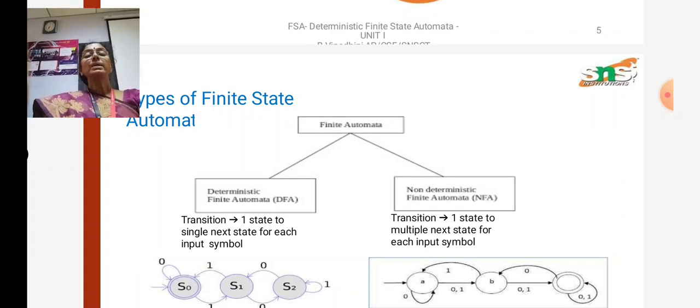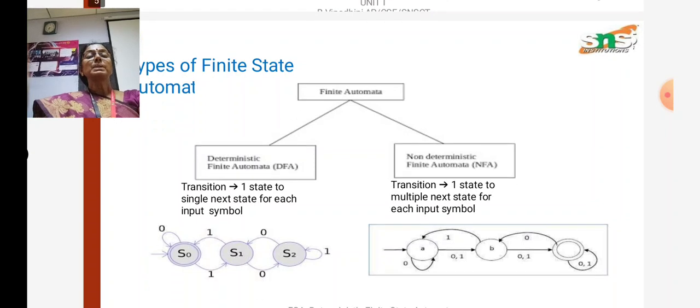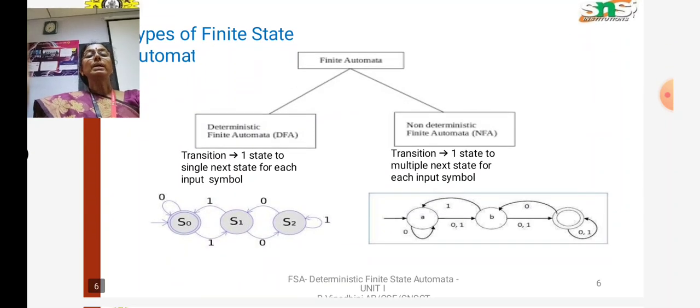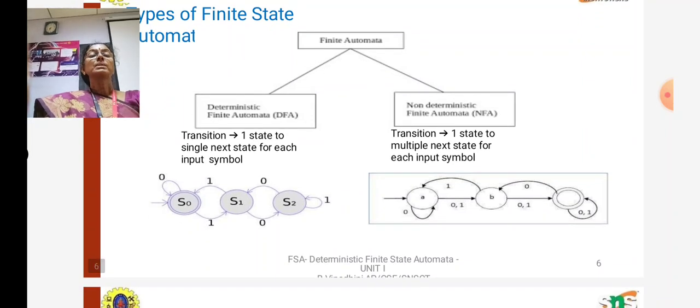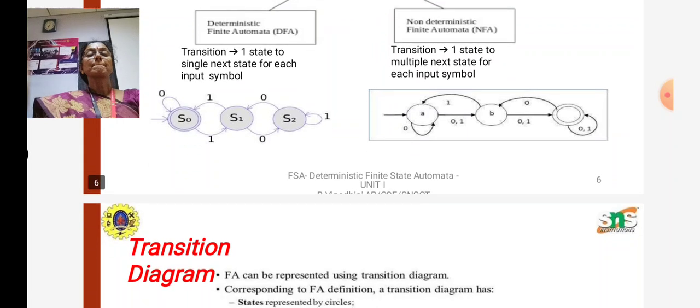In the DFA, for each input symbol the transition goes from one state to a single next state. But in the NFA, the transition can go from one state to multiple next states for an input symbol. Also, the DFA does not contain the epsilon transition, but the NFA does. These are the major differences between the DFA and NFA.